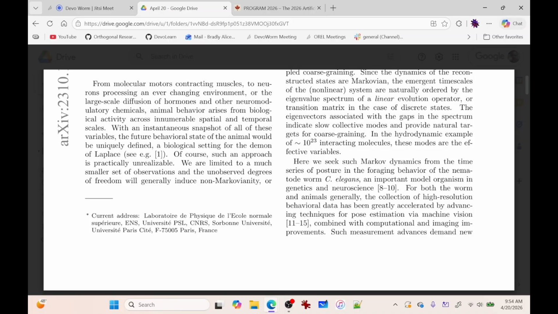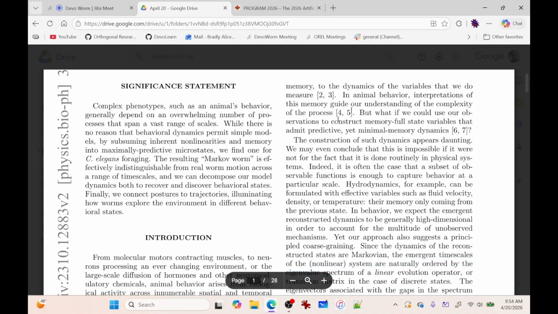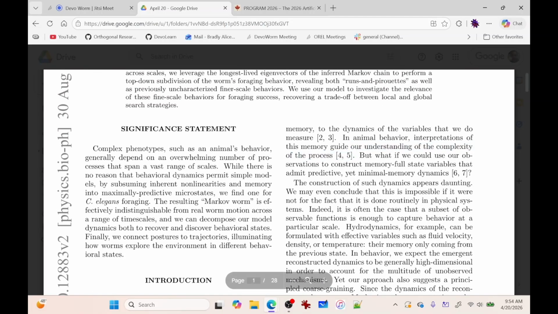And so there's this balance between having Markovianity available to you to do modeling of states, and this non-Markovianity, which is where things are not as randomly distributed as you would like. In animal behavior, interpretations of this memory guide our understanding of the complexity of the process.